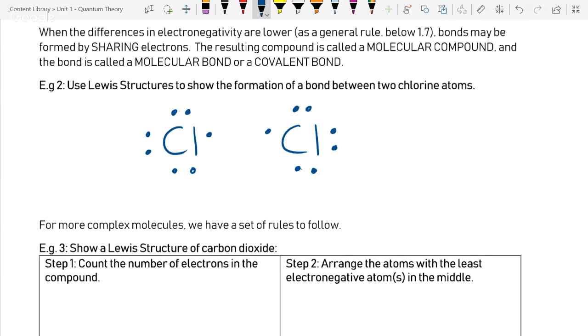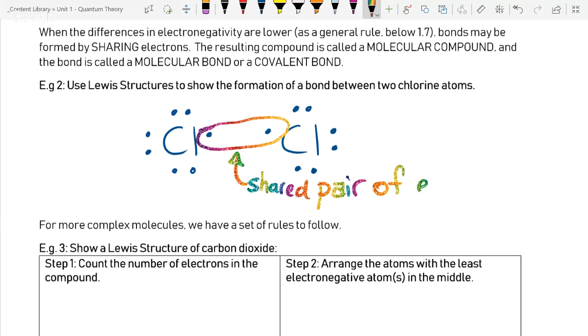How will they form a bond? Yeah, each will donate an electron to a shared pair of electrons. Oh, it's fun every time. And we actually call this a sigma bond.